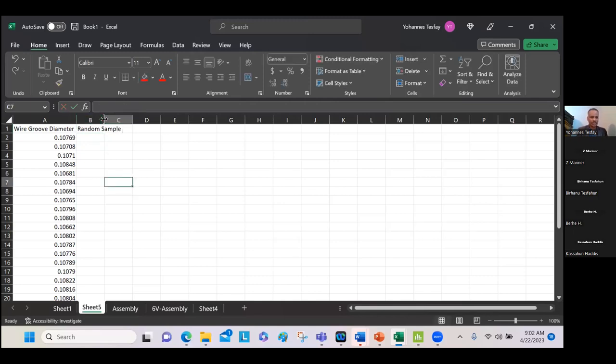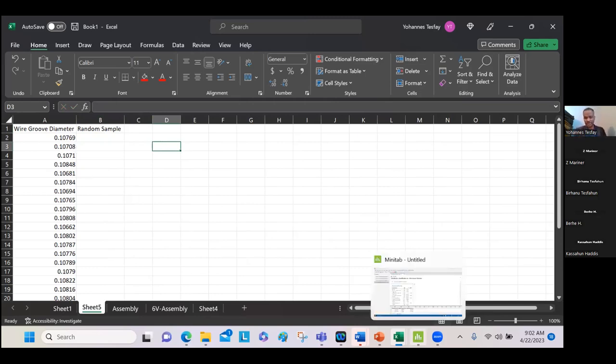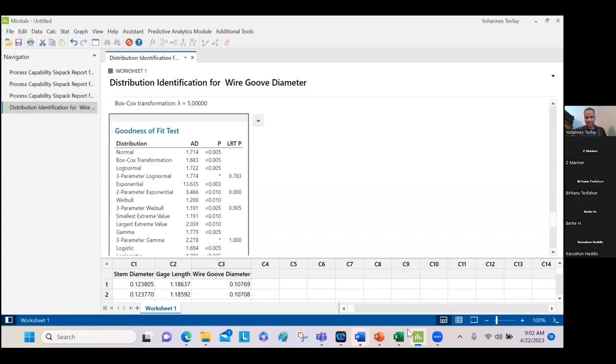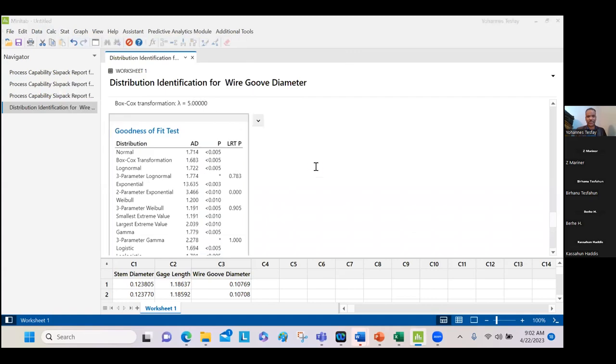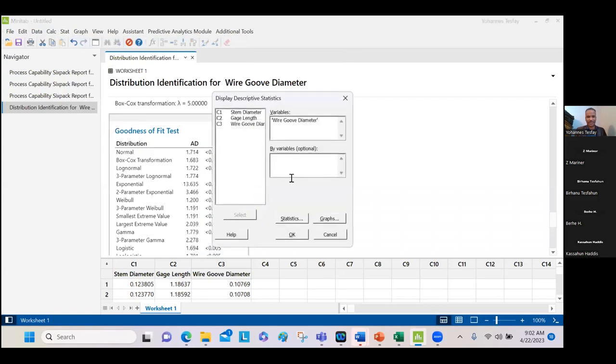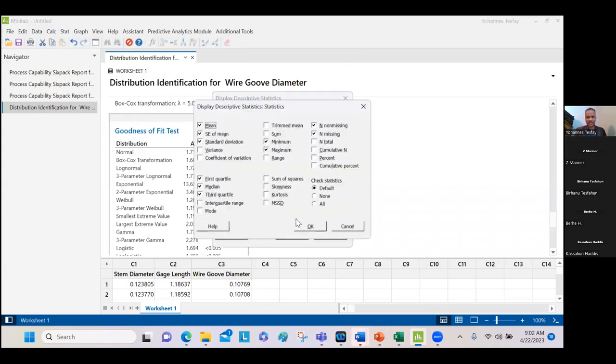To do that, first, what I'm gonna do is go here to Statistics, Basic Statistics. Then I'm gonna take the groove diameter as the variable. The only statistic I want here is the standard deviation, okay?